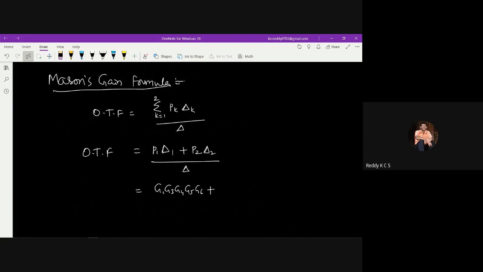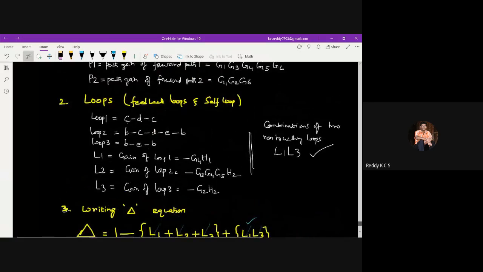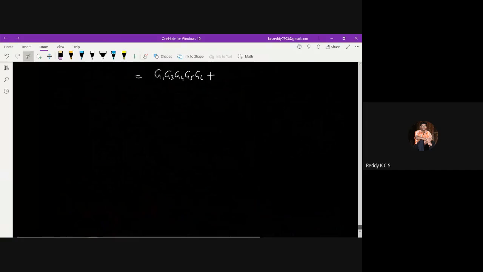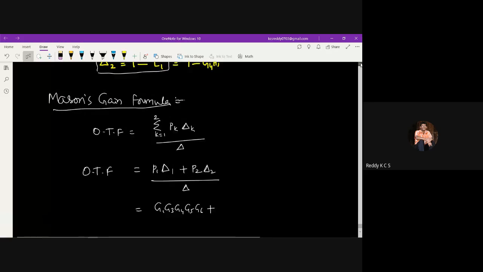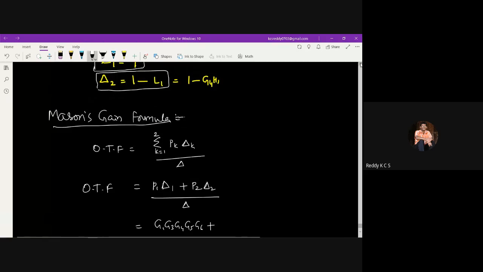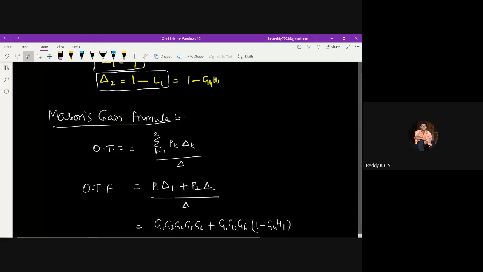Forward path 2 is G1, G2, G6. So G1, G2, G6 and del 2. What is the del 2 value here? 1 minus G4 into H1. Okay. So next, divided by the del equation.